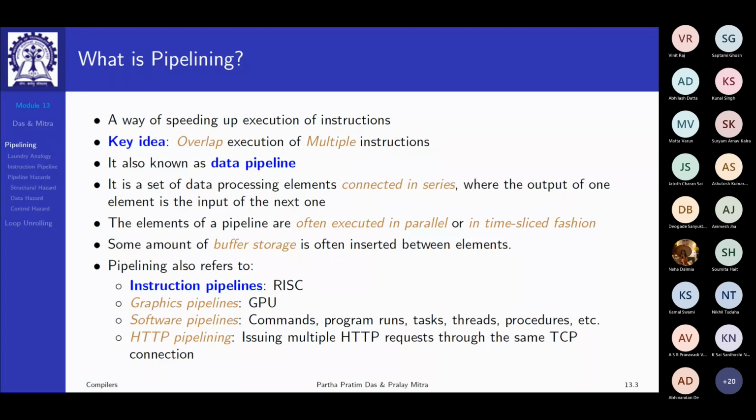Besides that, GPUs have graphics pipelines. In software architecture, we can have pipelines for commands, tasks, threads, and so on. HTTP accesses have pipelines where multiple HTTP requests go through the same TCP connection. But we will focus primarily on the instruction pipeline.